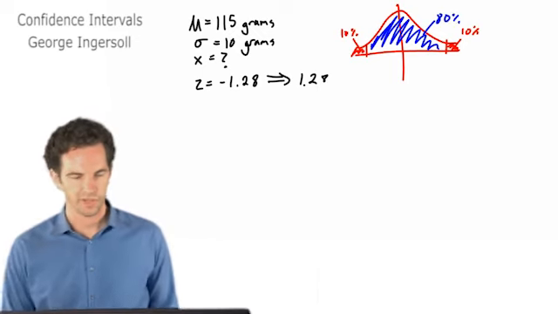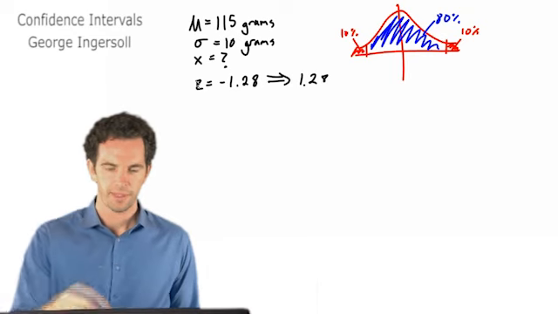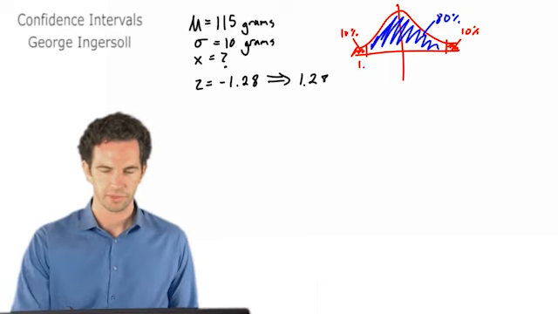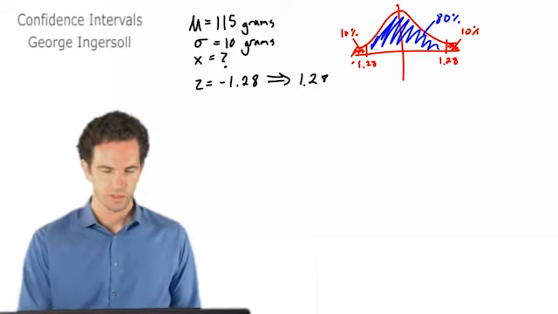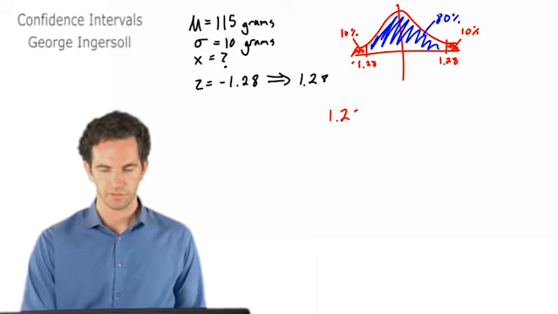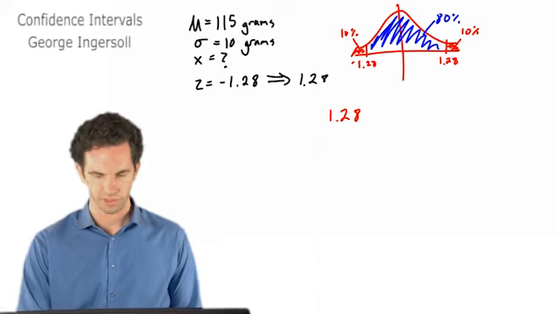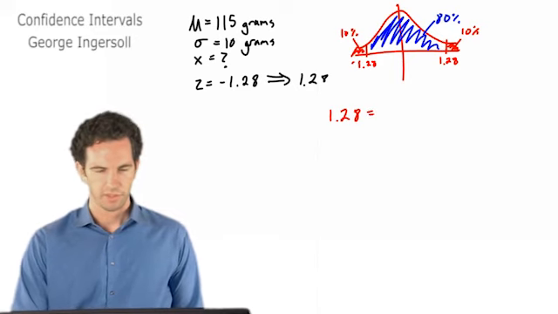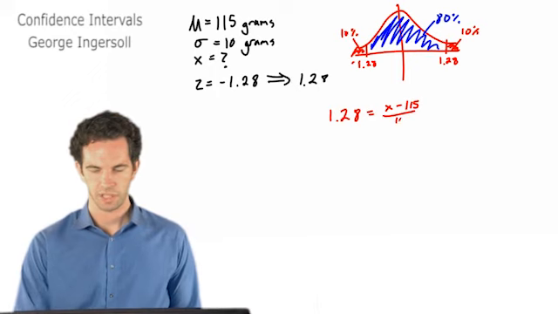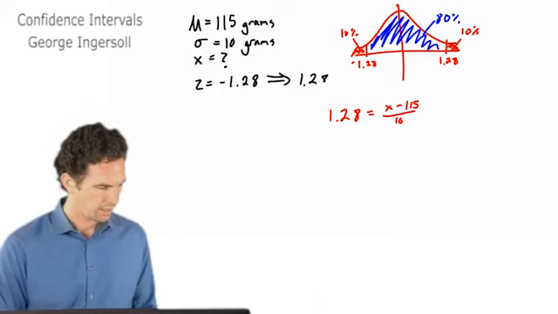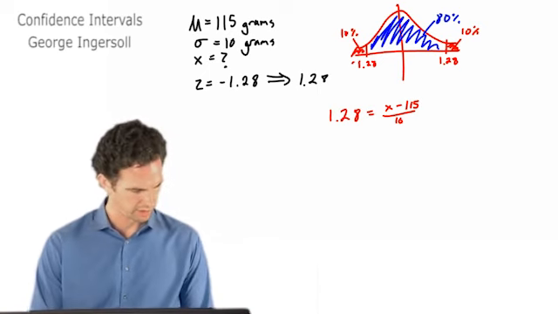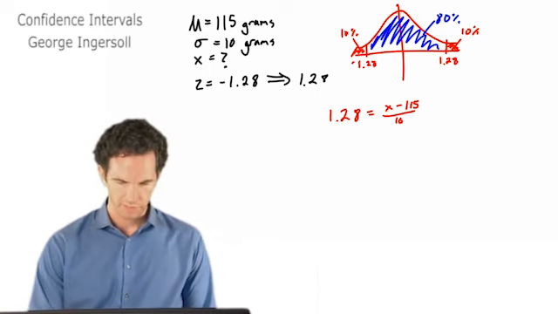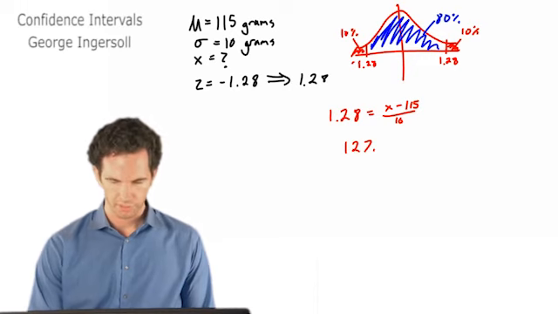So let's convert these values into actual numbers. These are my z values. So we'll just go with the upper range. To begin with, it doesn't really matter where we start. 1.28 equals x minus 115 over 10. And I'm going to be lazy, since I already did this calculation. That's going to give me 127.8.